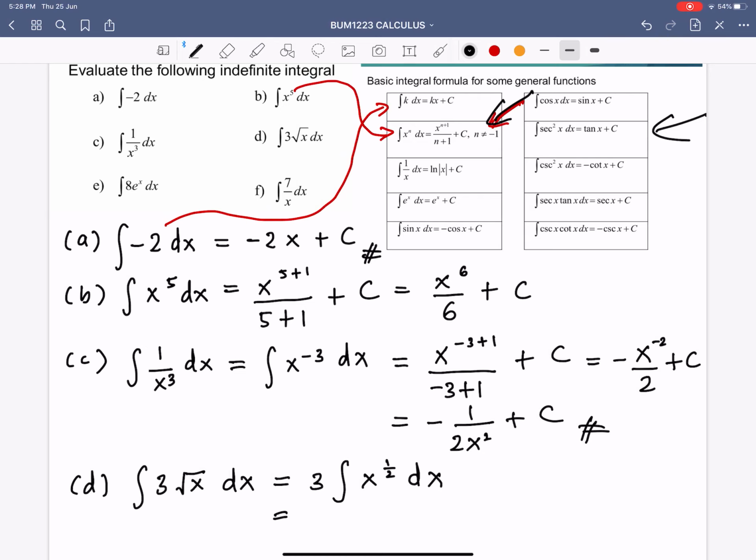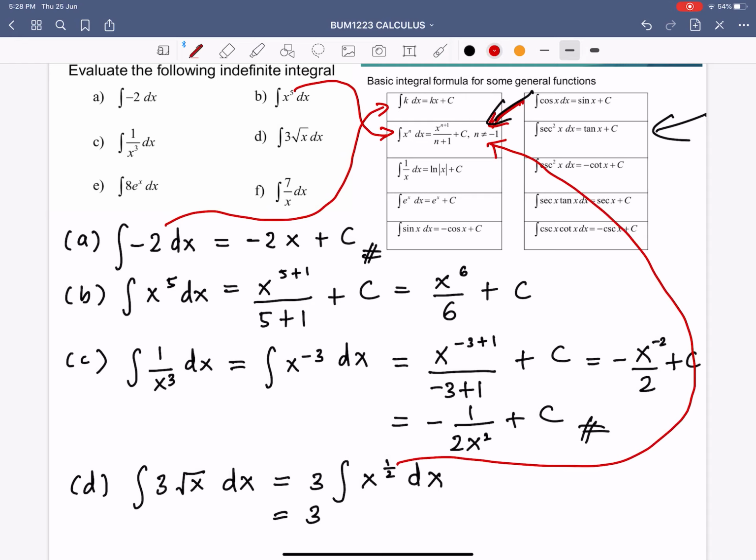So this is equal to, okay, the constant remains there. We don't do anything with the constant. And then x power of 1 over 2 is actually x power of n, based on this formula.